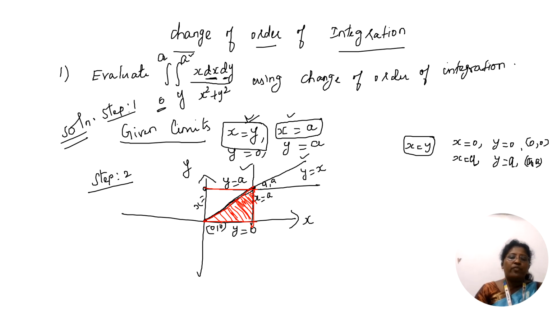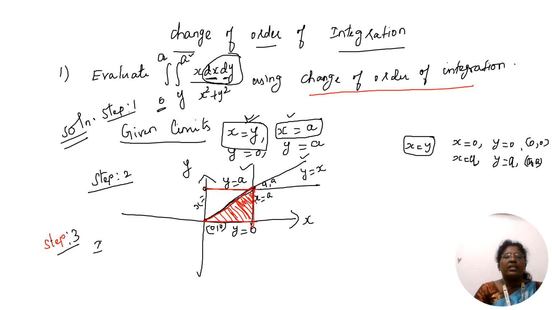So in step 2 we'll draw the diagram. Now we'll move on to step 3. In step 3 we have to change the order of integration, because this topic is change the order of integration. The given order is dx dy.